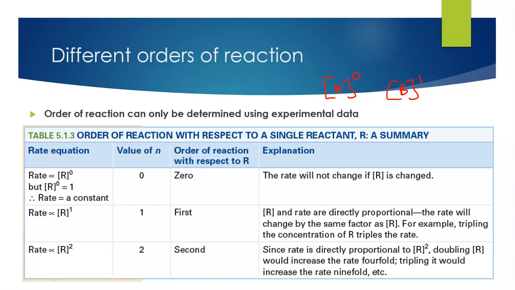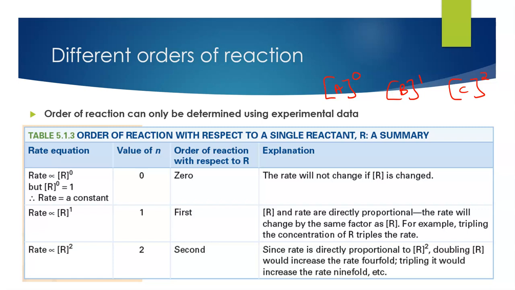In the case of a second order reaction, the rate is proportional to the concentration squared. So the value of n is 2, so we are now raising our concentration to the power of 2. This means that the rate is directly proportional to the concentration squared. Doubling the concentration will increase the rate fourfold, because it's 2 to the power of 2.